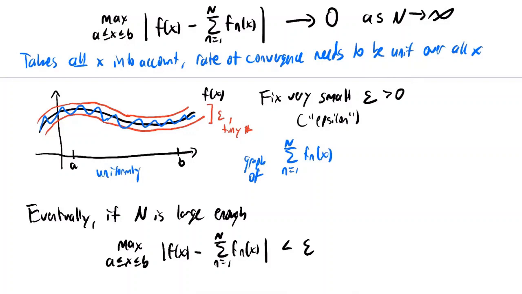Sometimes people refer to this informally as convergence of graphs. Because it's not just a notion of pointwise convergence, you need the whole graph to eventually match up over the whole domain, very, very closely.